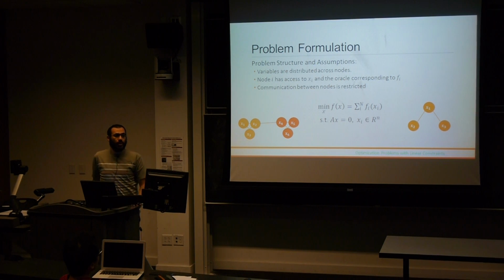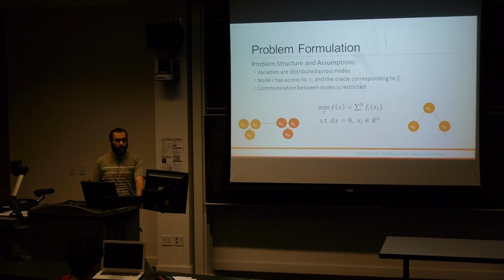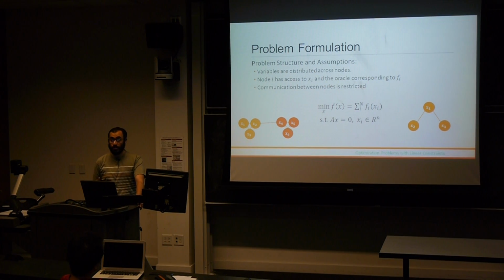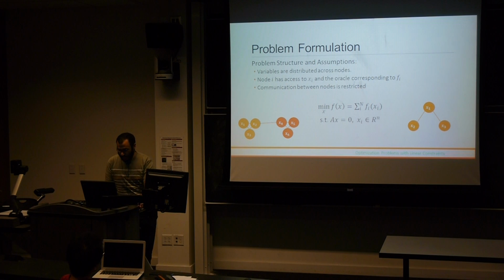So for example, if you have a cluster of 2 multi-core machines, you want more communication to happen within a machine than across machines, because communication across machines is more costly. In a more general sense, we assume that you have some distribution over edges that governs how often you want to communicate between each pair of nodes.